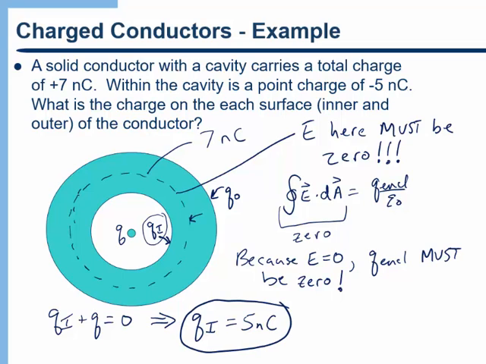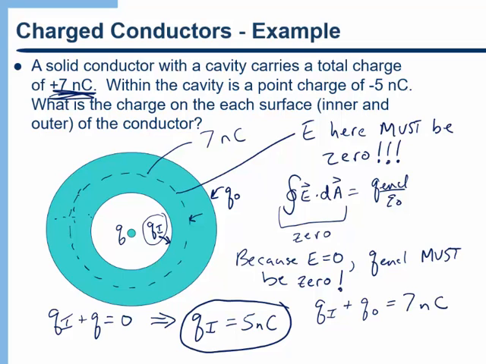And that's the only way we can be sure that the electric field anywhere inside the conductor will be 0. Now, any charge that's not on the inner surface has to be on the outer surface. Since the total charge on the conductor is 7 nanocoulombs, Qi plus Qo has to equal 7 nanocoulombs.